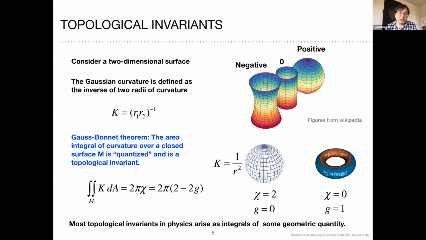So the integral around the surface is just 4 pi, so we know that chi is 2. And for the torus, we have half of the negative curvature and half of the positive curvature. So in total, they cancel out. So the integral is just 0, so chi is 0.